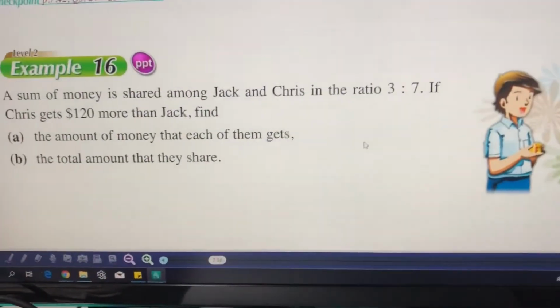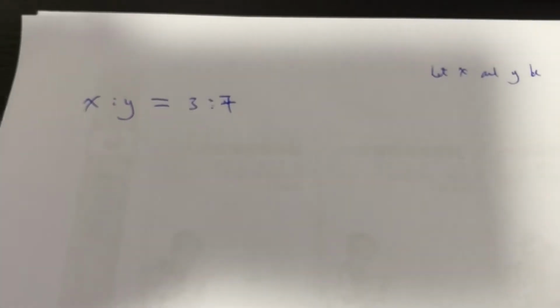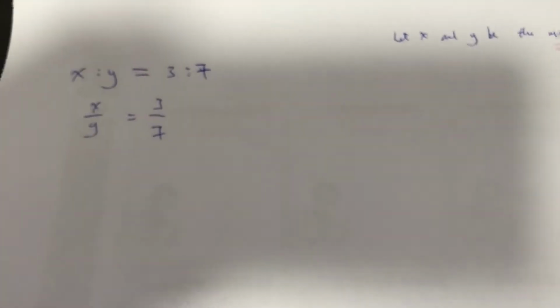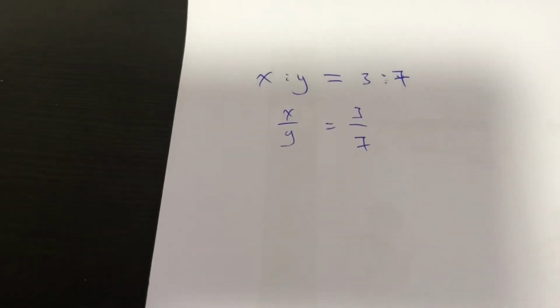Remember that for a ratio, you can write it as a division. So you may write x to y as x over y, and 3 to 7 as 3 over 7. Then the question may be easier to understand.